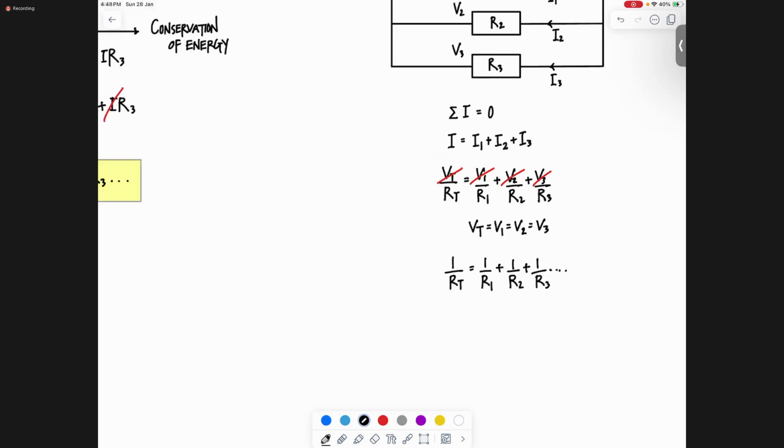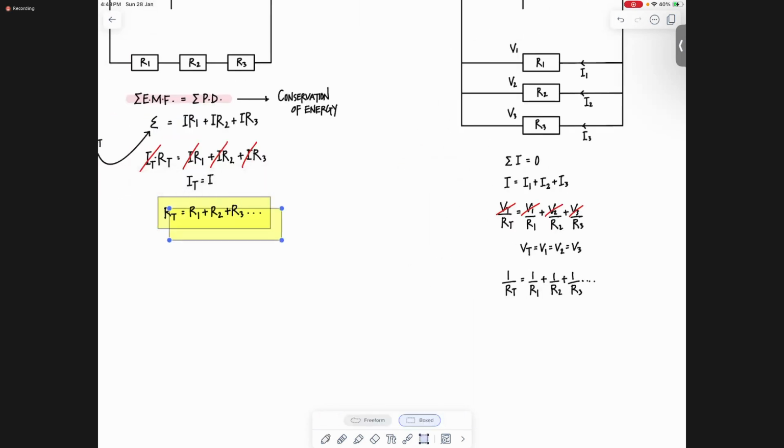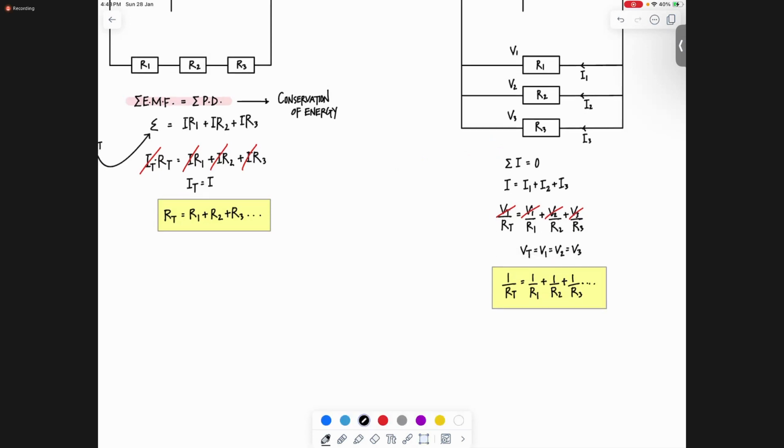Do you understand? Right, so can you tell me which conservation law this is based on? Yeah, charge conservation. Sorry, the 2 R1 into R2 divided by R1 plus R2.